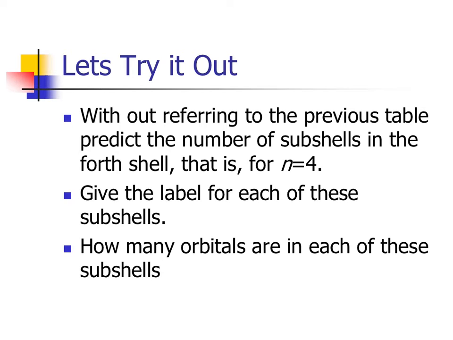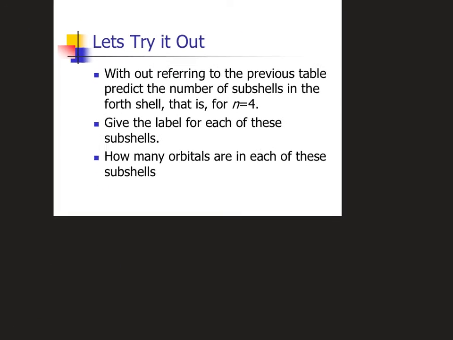Label each of these subshells and how many orbitals are in each of these subshells. Looking at your periodic table, all of this is there for you. Okay? It's all about patterns.